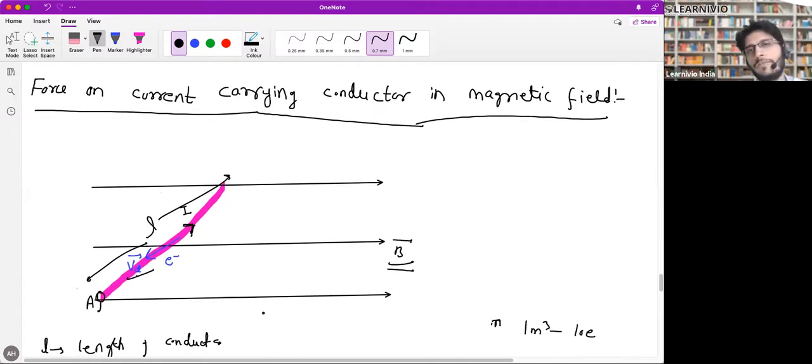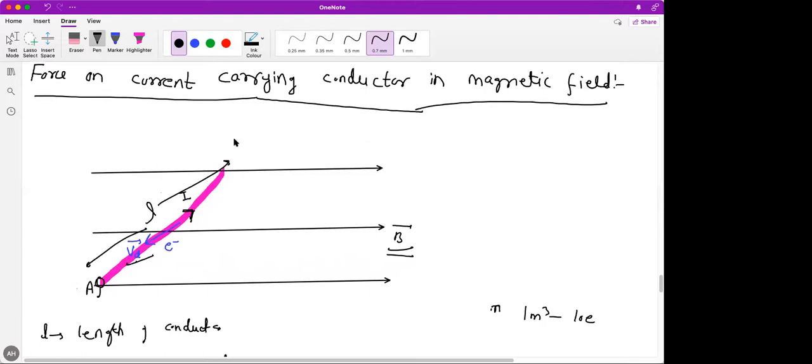If you place a current carrying wire, the wire is stationary and some current is flowing through it. Each and every electron will experience force. Due to the force experienced by every electron, the whole conductor will experience force. What is A?